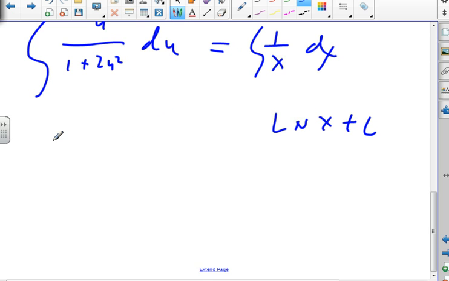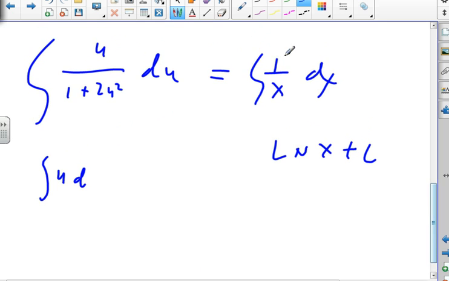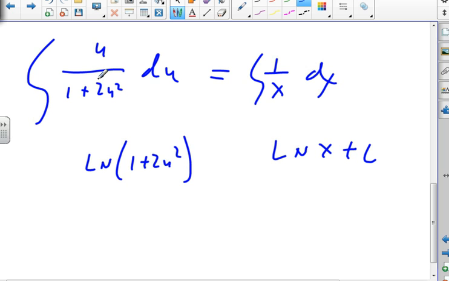On the other side I have the natural log of 1 plus 2u squared. But if I take the derivative of this, I would have 4u on top. So I need a 4 there, and I need a 1/4 here, so this would be raised to the 1/4 power.